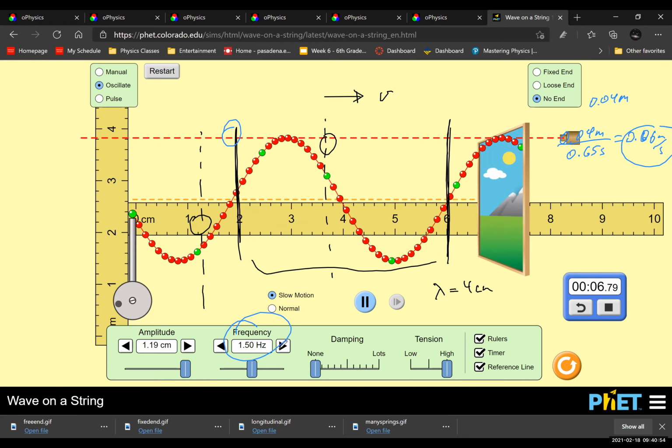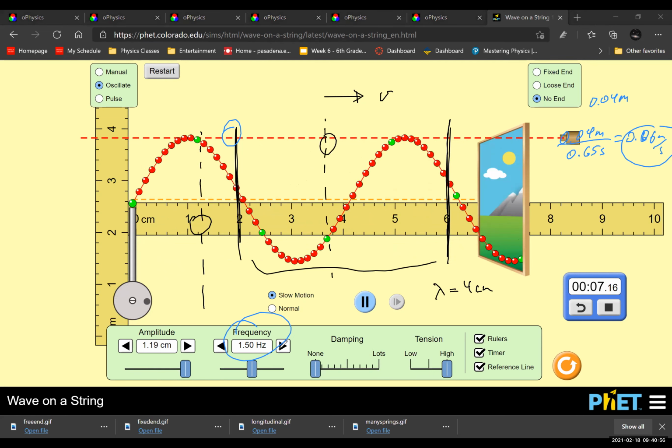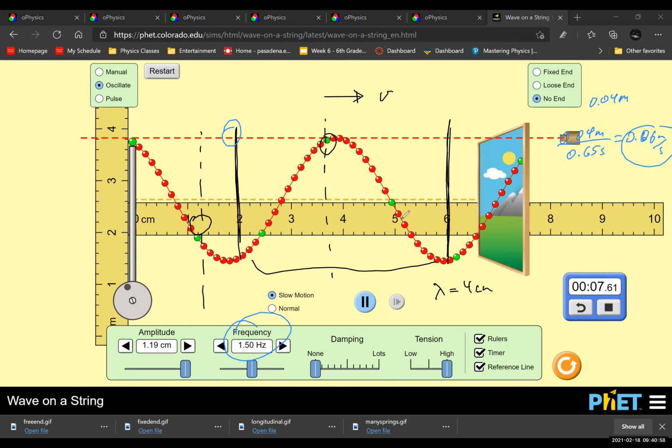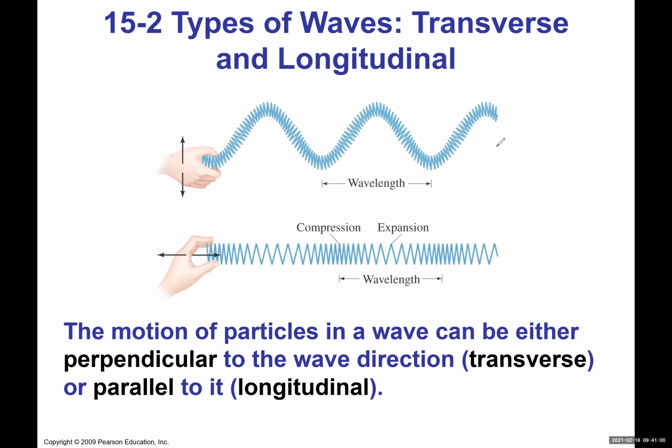All right, so let's go back to our slides. So that's kind of what we have. Now we have two types of waves. There's a transverse wave, where the medium itself goes up and down when you create a wave, just like you saw with that wave.